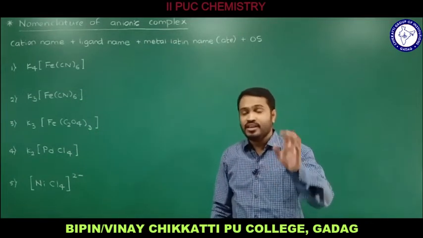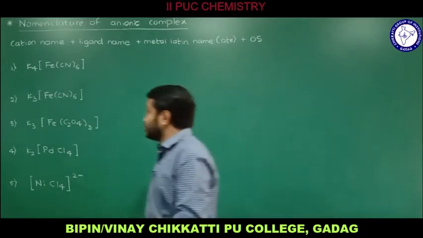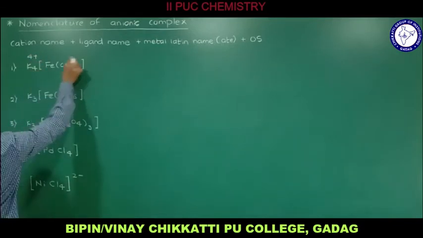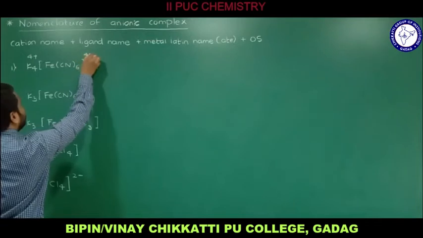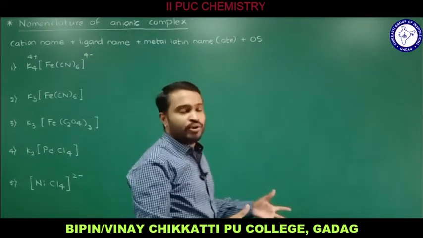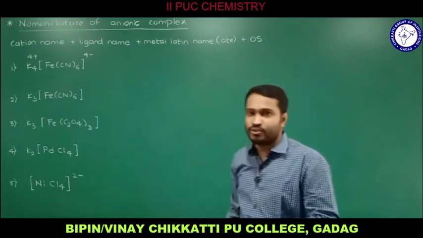First we see whether it is a cationic complex or an anionic complex. So potassium, the charge will be 1 plus, so with 4 of them this should be 4 plus. If the charge of the counter ion is 4 plus, definitely the charge of the coordination sphere should be 4 minus, because as I said, the counter ion is going to balance the charge of the coordination sphere. That is the main function of the counter ion.